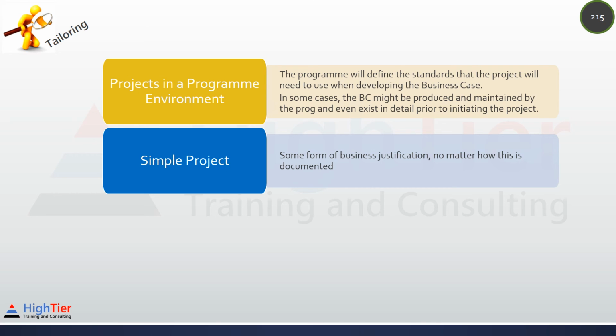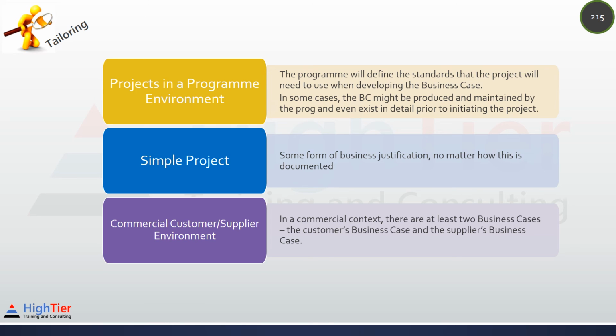Simple project: some form of business justification, no matter how this is documented. Customer-supplier environment: in a commercial context, there are at least two business cases, the customer's business case and the supplier's business case.